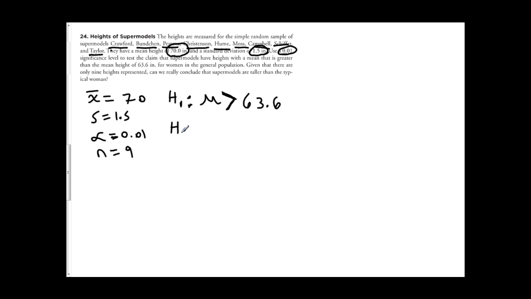The null hypothesis is then that supermodels have a mean height that is equal to the height of the general population. So this is saying that supermodels are not taller than the average woman. All right, so our claim is actually the alternative hypothesis. So let's go ahead and put all this information into our trusty TI-83 calculator.